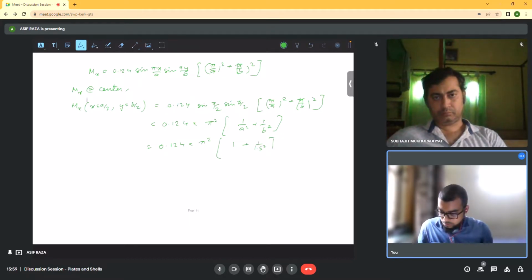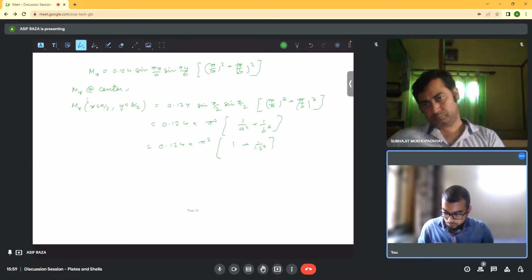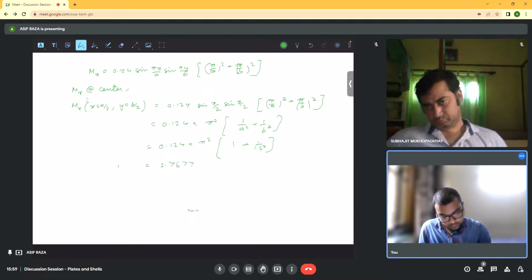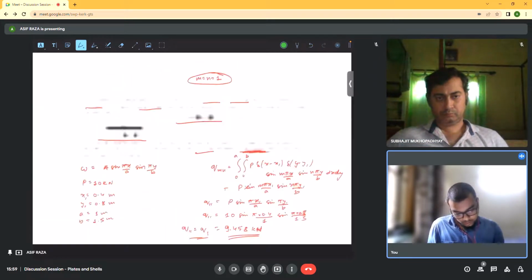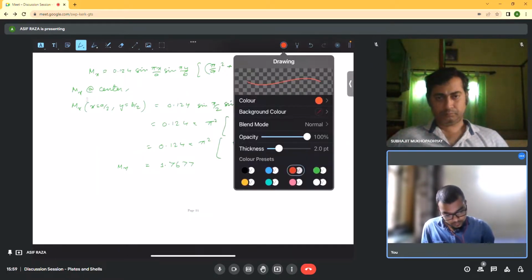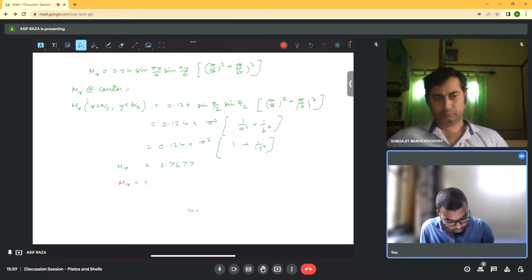So this is equal to 1.767, and we had to find up to 3 decimal places, so mx can be simplified as 1.768 kilonewton meter.